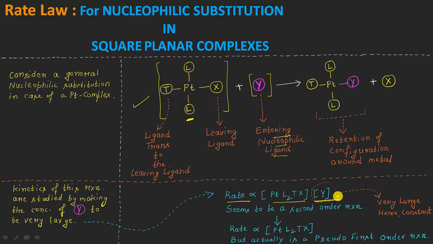And you all know from your lower classes that if the concentration of some species is present in very large excess, we have to take that concentration to be constant, right? So this is what is happening here, because we have just said that the kinetics of this reaction are to be studied by making the concentration of Y very large, right? So because the concentration of Y is very large here, it can be taken as a constant.